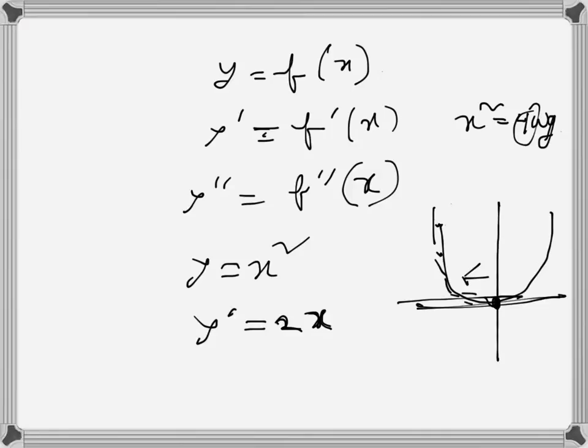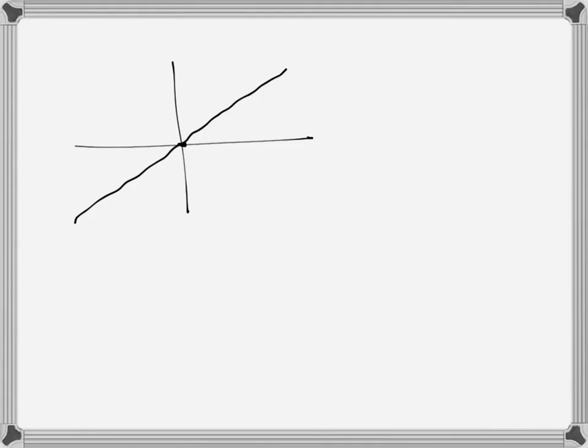It becomes 0 here, and then the gradient becomes positive, more and more positive. So that's how it is.